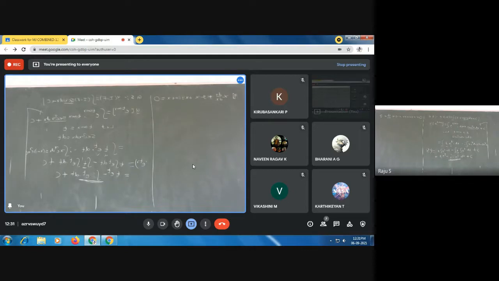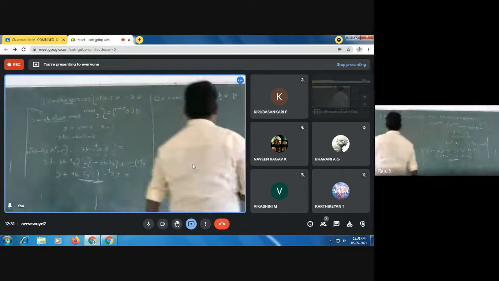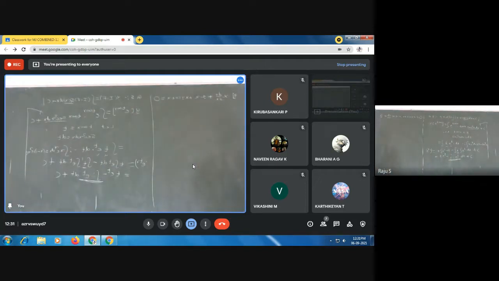Change it to standard form and tell me what is P of x, what is Q of x. First, dividing with x.